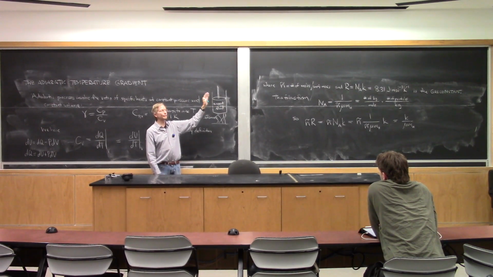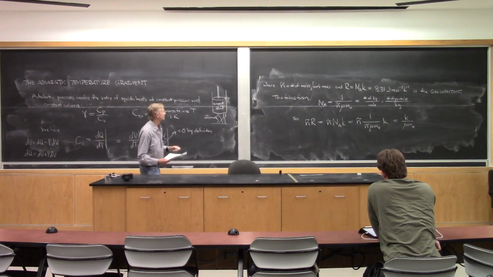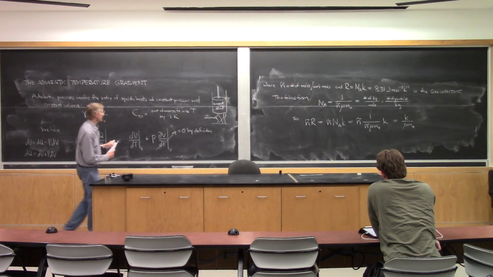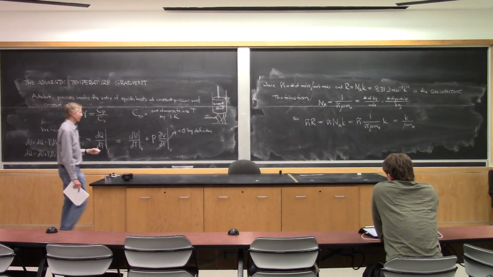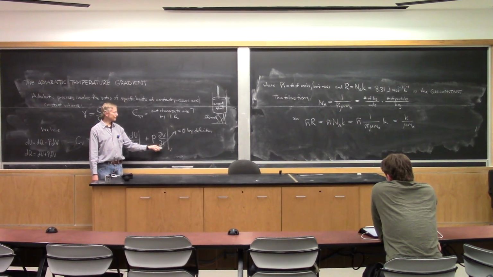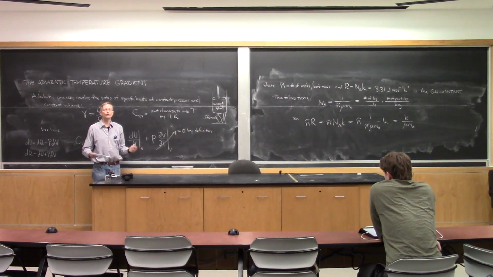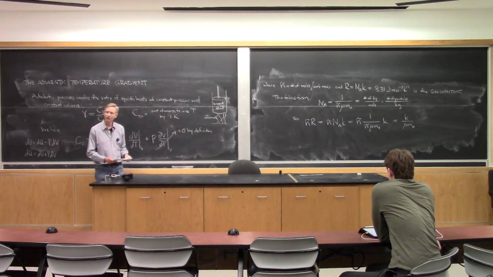But if I release the piston, it will rise, always keeping the pressure the same as the surroundings, because otherwise it would expand or contract to equalize the pressure. So here we're doing it in the constant volume case. Well, the rate of change of volume with respect to that increase in temperature at constant volume is 0 by definition. We're not letting the volume change.